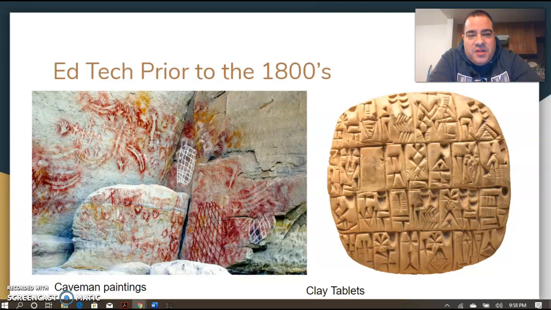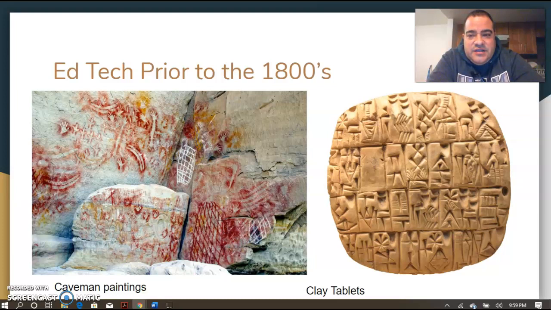When you apply that definition from a historical perspective, you realize that in its earliest form, an educational technology that we can identify is caveman paintings. Regardless of where it was throughout the world, people were able to communicate information with each other through oral histories, and eventually that information was transcribed through pictograms on paintings found in caves.